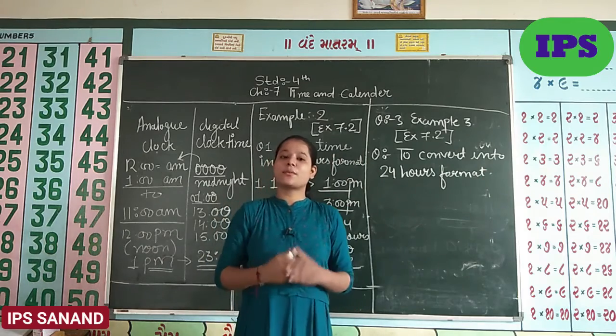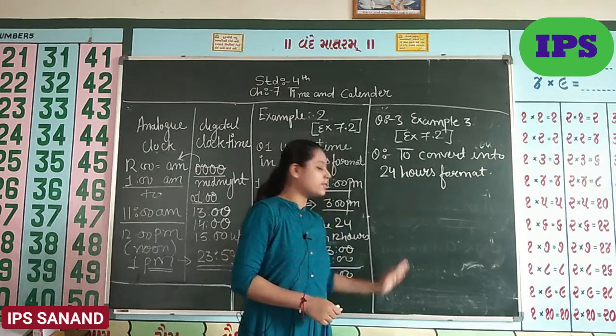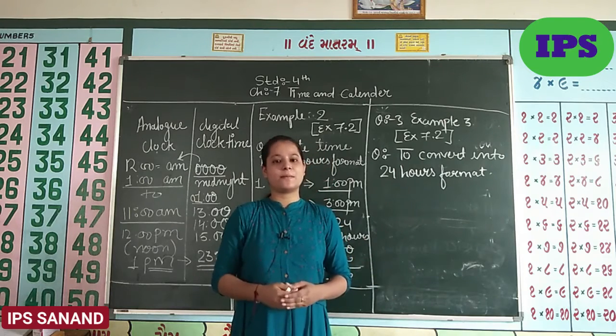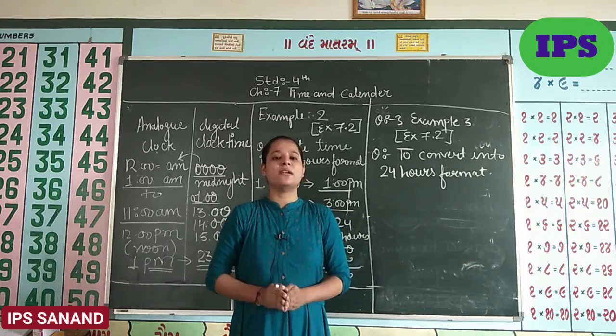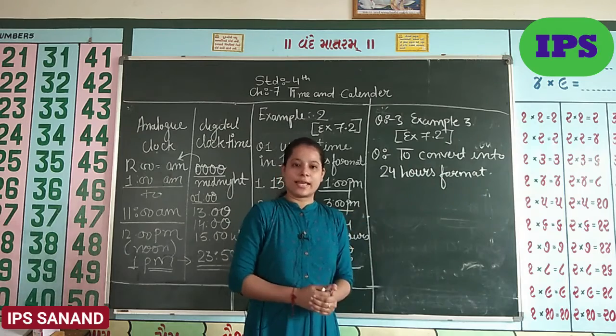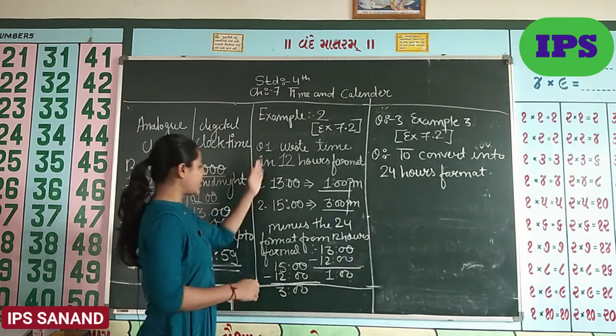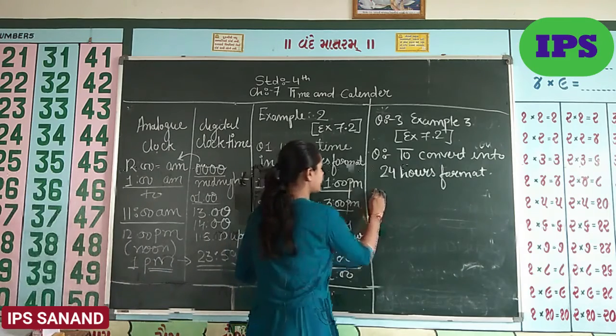In this question, you will be given the time in 12 hours format, and then it will have to be converted into 24 hours format, like the opposite of the previous question we have done. Okay, so let's take an example.